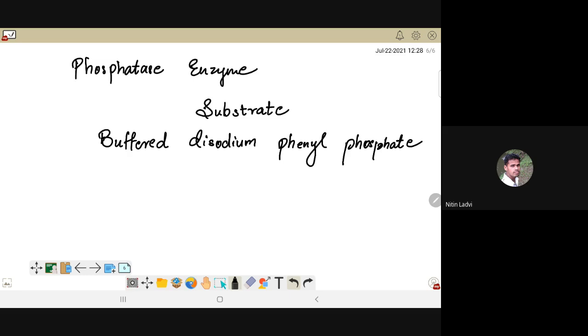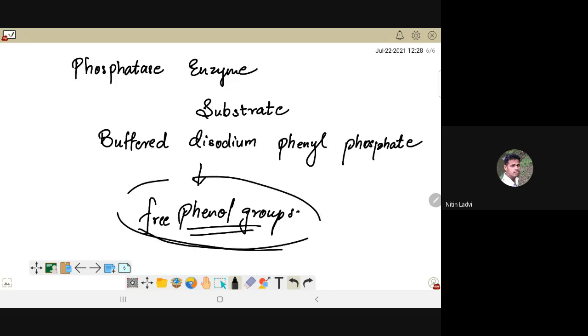When phosphatase and this substrate interact, they release free phenol groups. So our way of detecting the activity of phosphatase enzyme is by measuring how much free phenol has been produced.